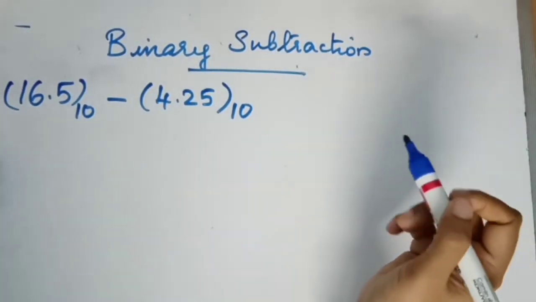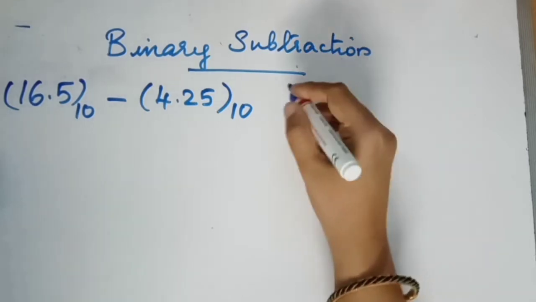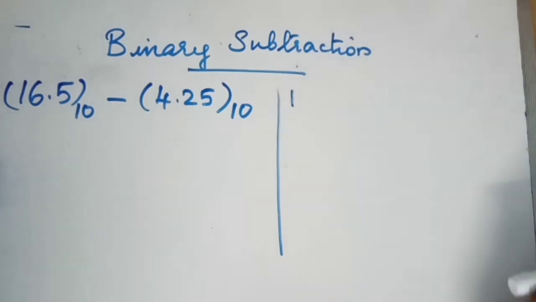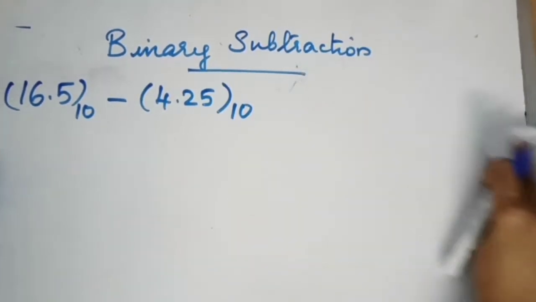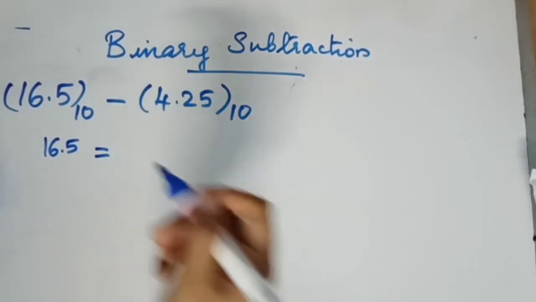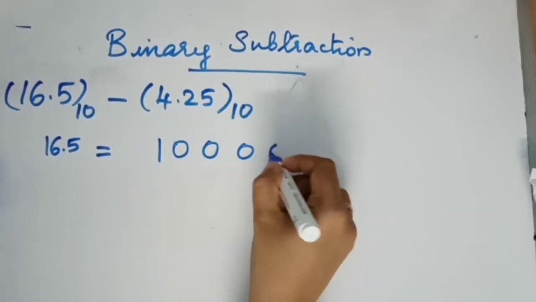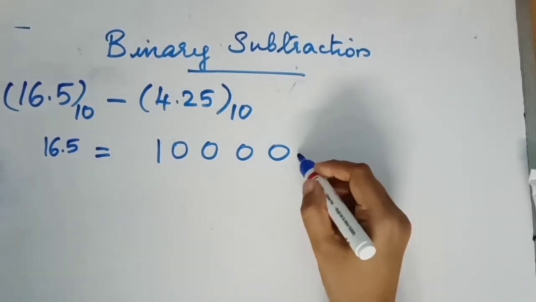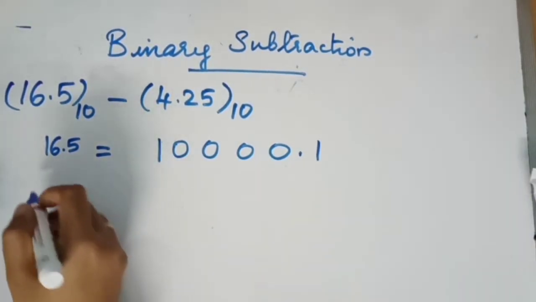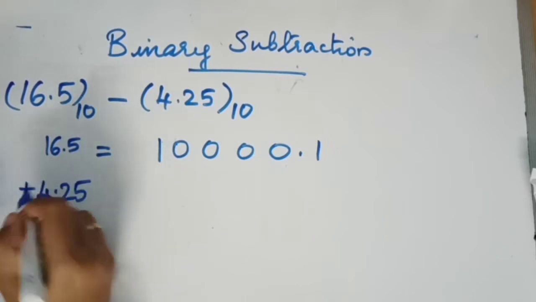Okay. So binary subtraction is basically: write 16.5, where 16 we know is 10000 and 0.5 is 0.1, and then positive 4.25.